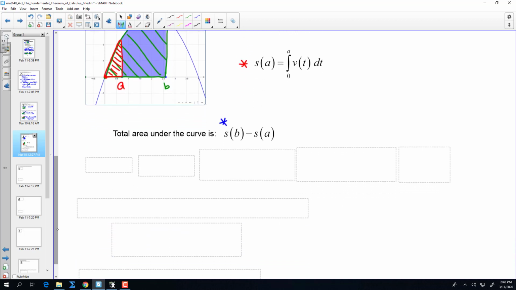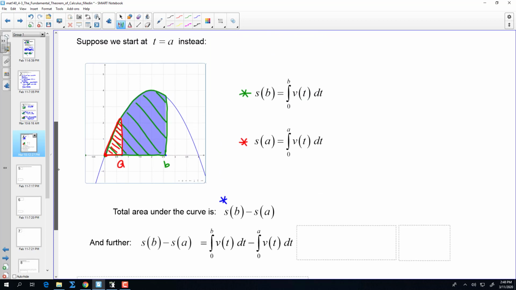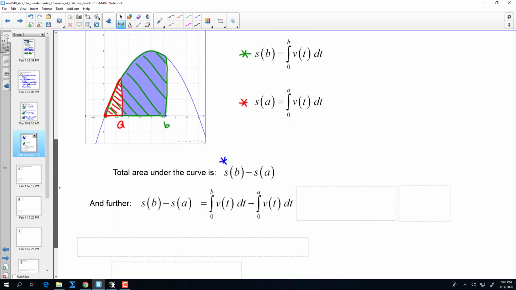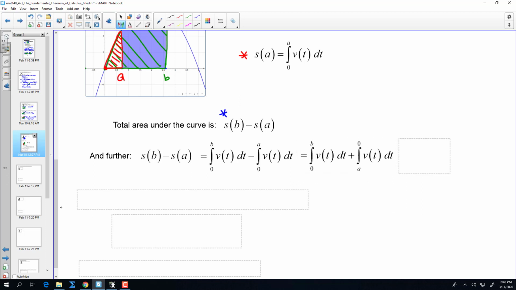And further, S of B minus S of A is the accumulation function 0 to B of our velocity dt minus 0 to A of our velocity dt. That's just exactly how we defined S of B and S of A. So the green and red stars there, which I could rewrite knowing that if I swap the endpoints of an integral, so the endpoints from 0 to A, if I swap them, I can make this a plus in between them.